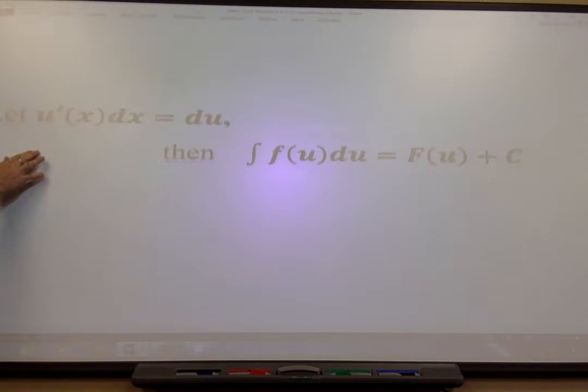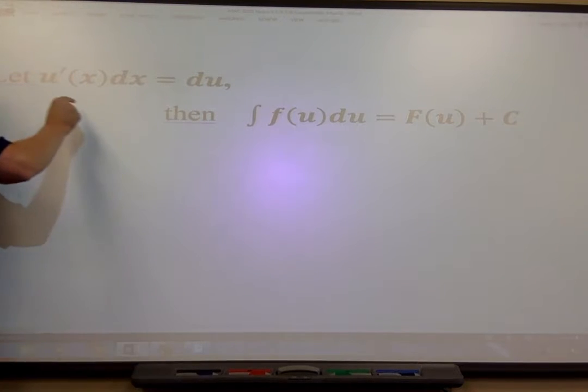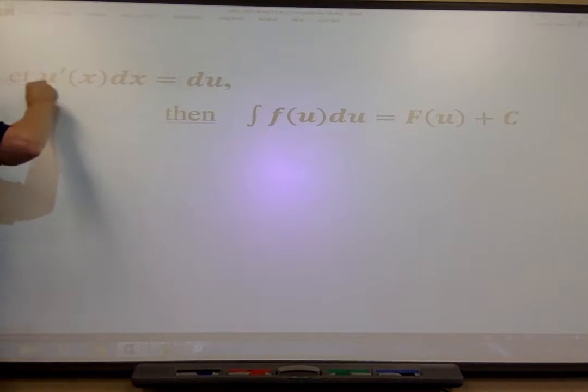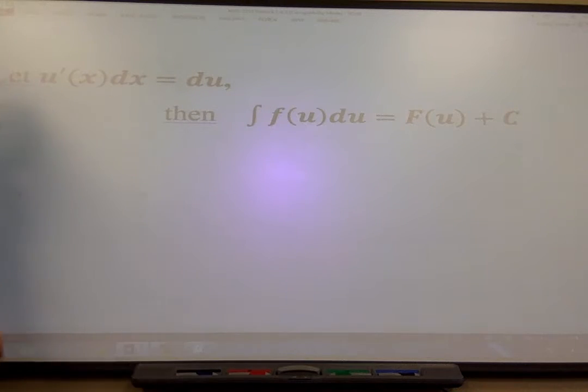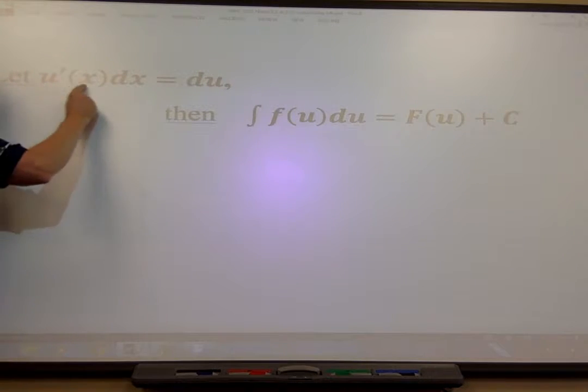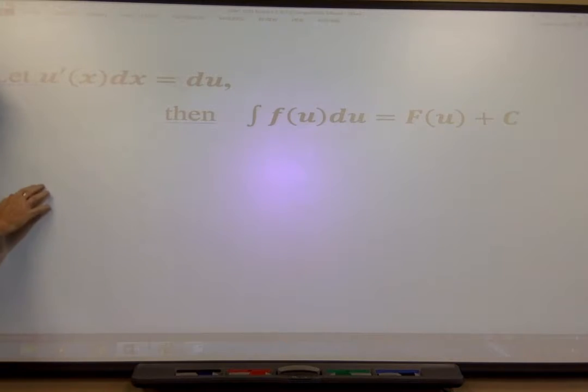See what they say? Let u prime x dx be du, then the integral of f of u du is F of u plus c, the antiderivative. But I'm not going to make you make that substitution. I'm just going to say, is the du complete? And I want us to practice them. Let's practice.